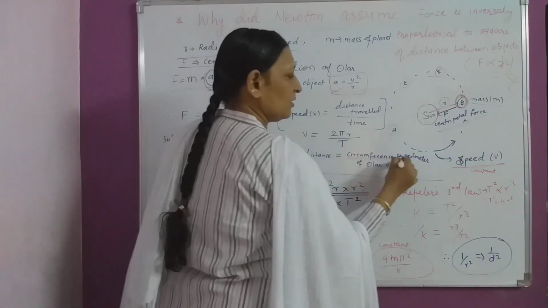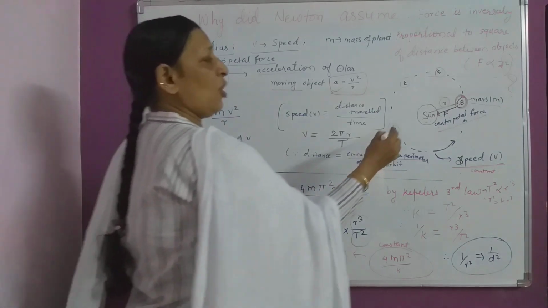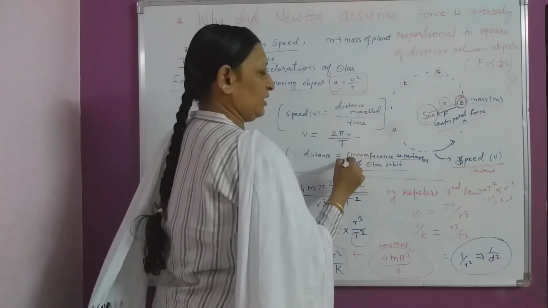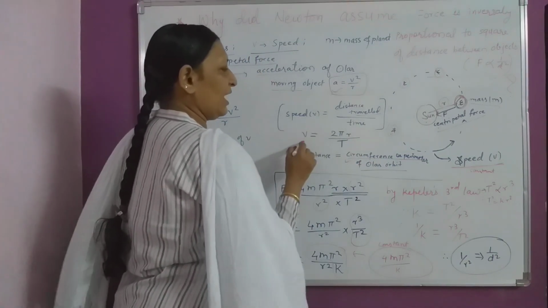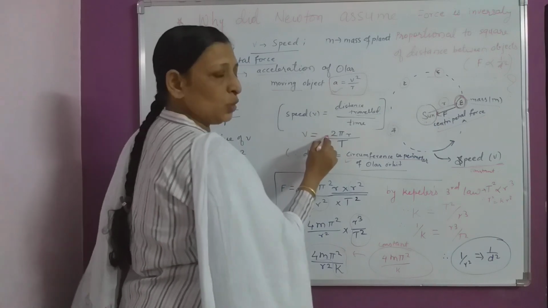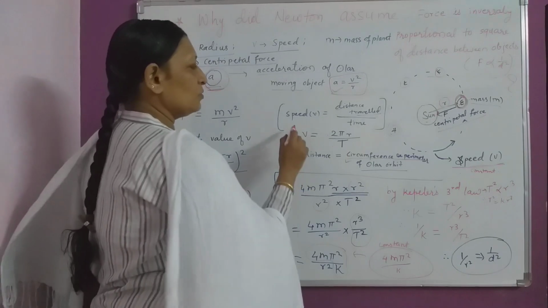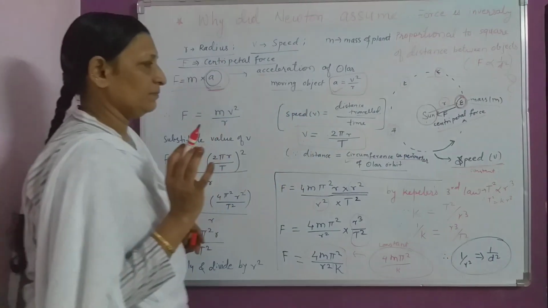That is the circumference or perimeter of the circle. So the distance traveled by the object is nothing but the circumference. So speed can be calculated as v is equal to 2 pi r upon time, that is t. So v is equal to 2 pi r upon t.